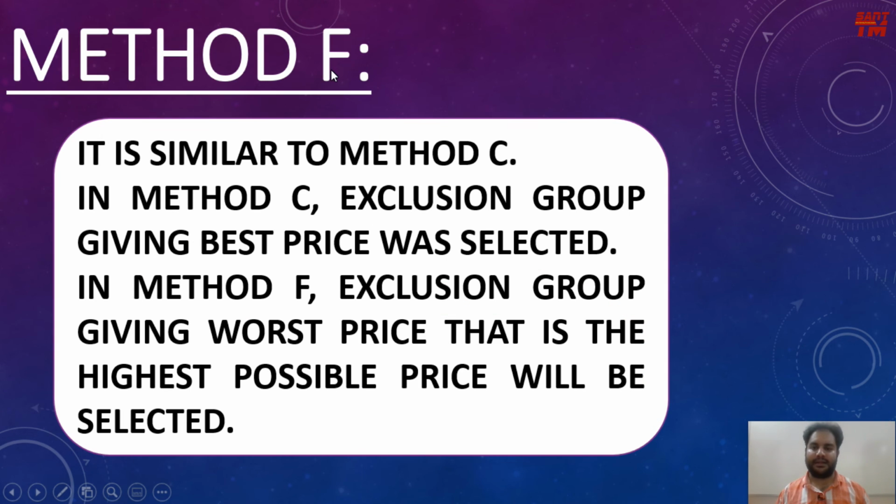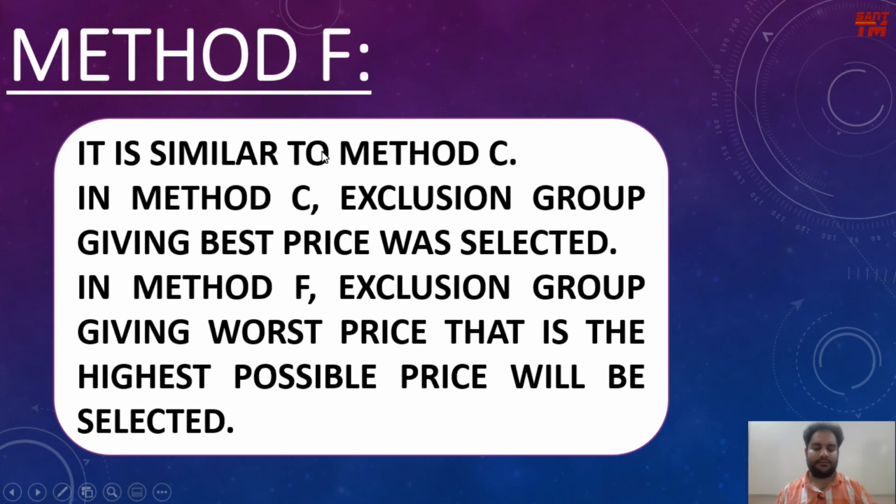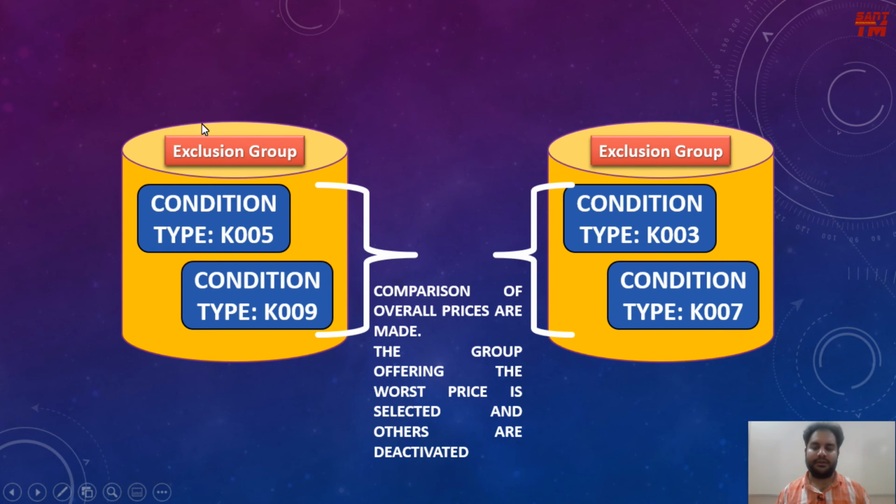Now come to method F. Method F says it is similar to method C. In method C, the exclusion group giving the best price was selected. In method F, the exclusion group giving the worst price, that is the highest possible price, will be selected. Method C worked on two exclusion groups. Whichever exclusion group offered us the better price was selected.